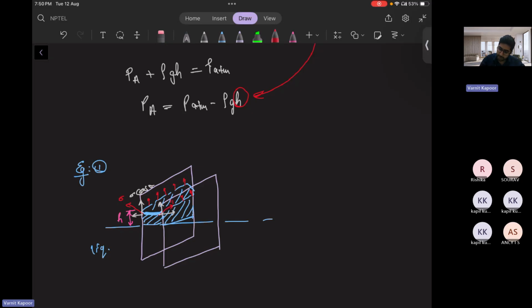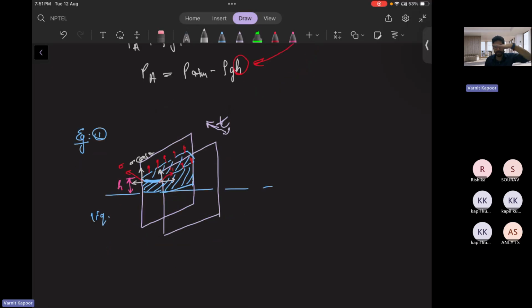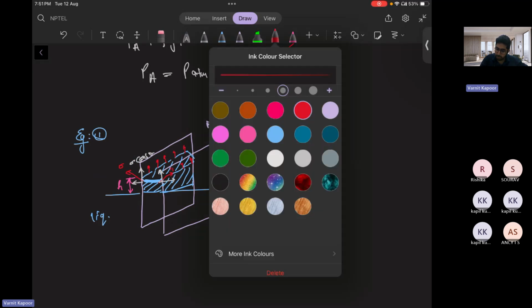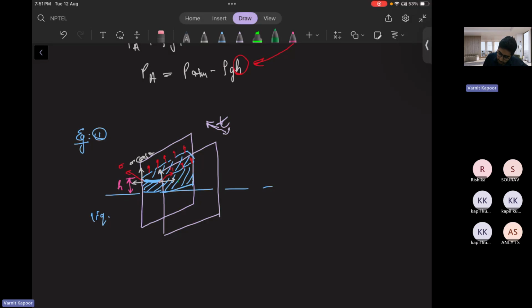And let us say the thickness between these plates is T. Again, the risen liquid has some weight which is acting. I'll use some other color. This will have some weight, whatever the liquid has risen up.